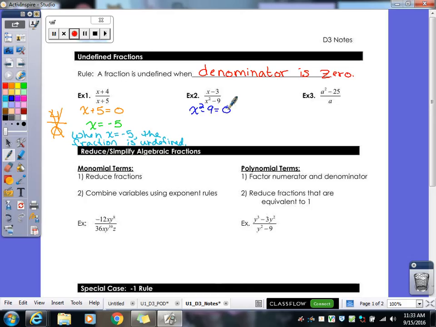This one's actually a quadratic, so we got to do a little factoring here. What kind of factoring is this going to be? Difference of squares, very good. So I set up my 2 sets of parentheses, and it's still equal to 0. So this would factor into x minus 3 and x plus 3.